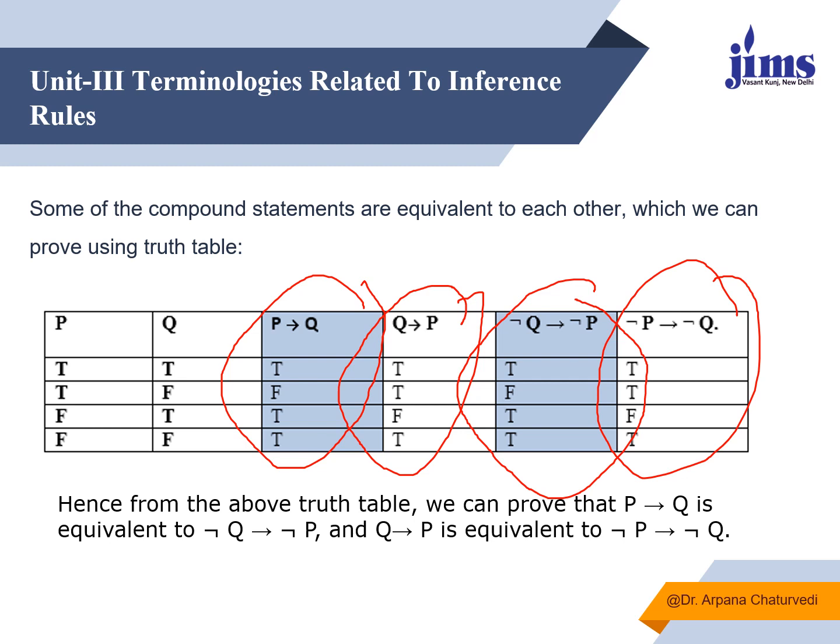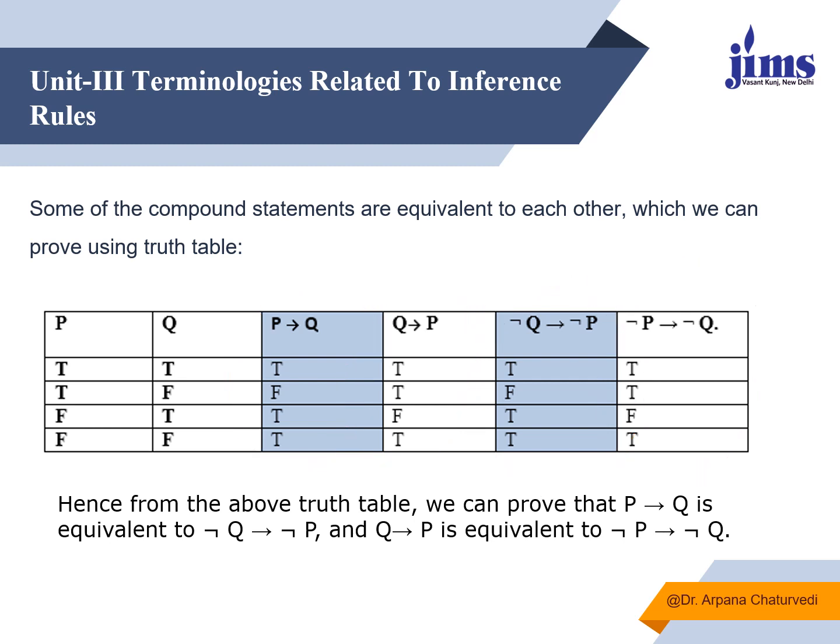So what we can conclude from here is that P implies Q is equivalent to not Q implies not P. Similarly, Q implies P is equivalent to not P implies not Q. So this is how we perform the inference, and this is where we have shown how the compound statements are equivalent to each other.